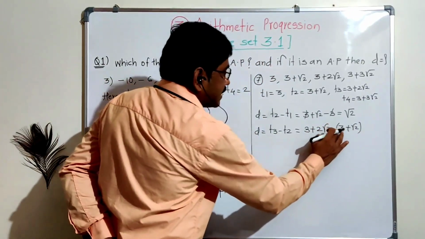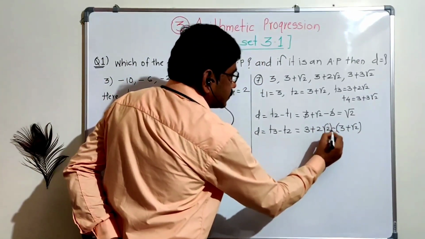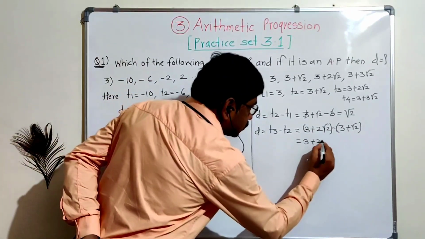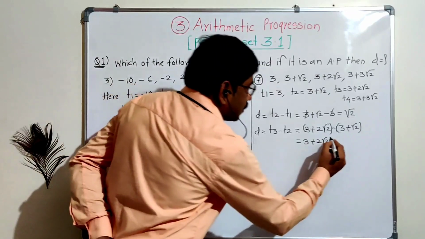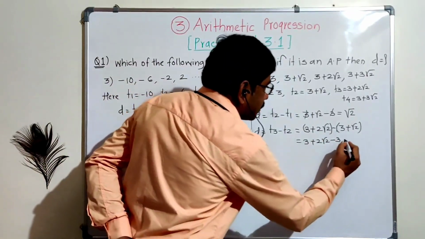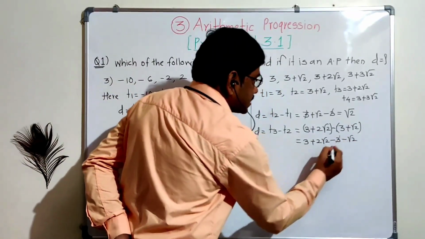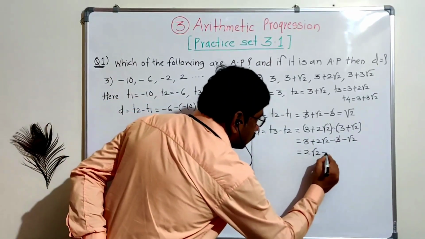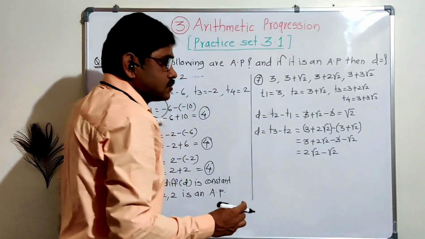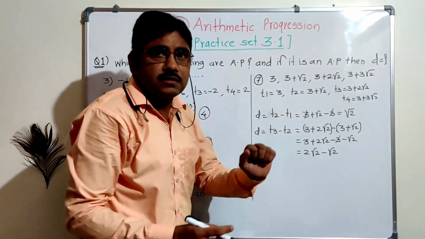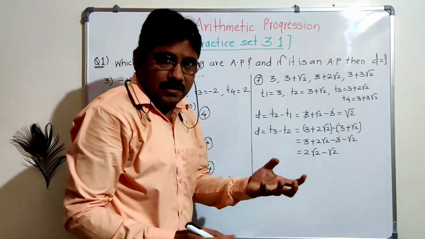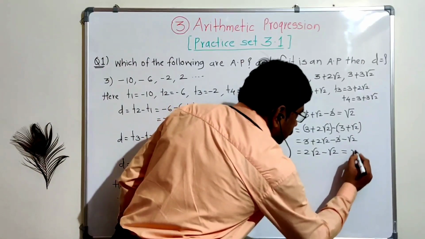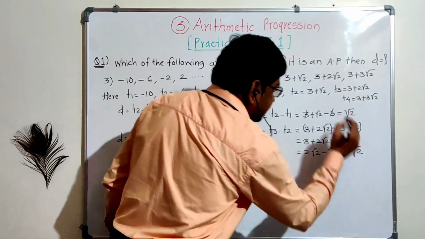So here minus sign is there. Open the brackets. 3 plus 2 root 2 minus 3 and minus root 2. So plus 3 minus 3 get cancelled and we get this 2 root 2 minus root 2. So we have 2 chocolates minus 1 chocolate. So root 2 is a chocolate. So here 2 root 2 minus root 2 we get again root 2. So here the difference is constant.